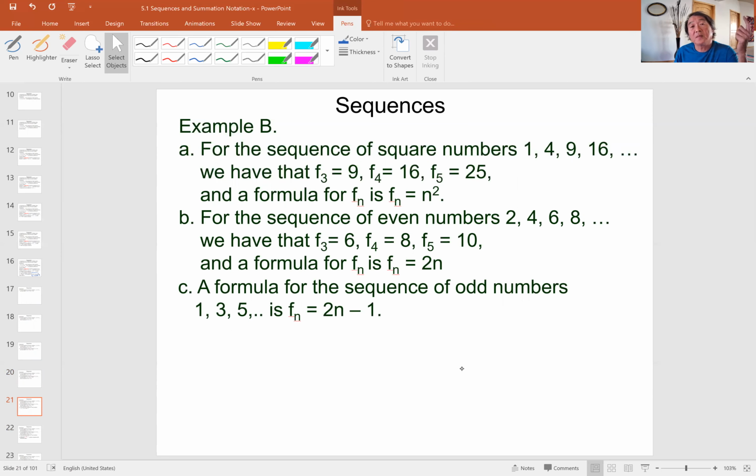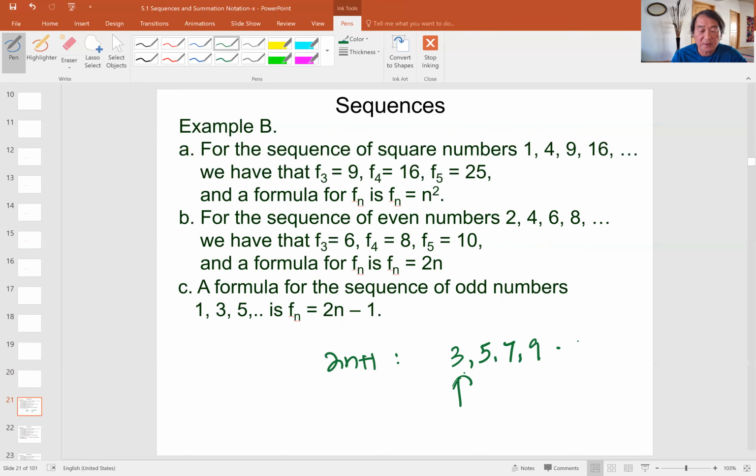For odd numbers, you take the even numbers and subtract 1, or sometimes add 1, depending on where the odd numbers start, so you can have either 2n minus 1 or 2n plus 1. If I'm talking about 2n plus 1, then this will be a sequence of 3, 5, 7, 9, starting with these.